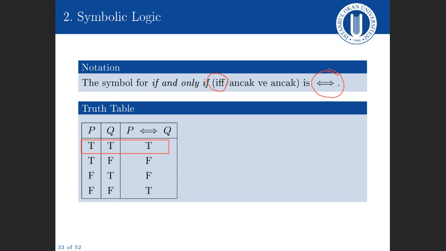So, P if and only if Q is true. Likewise, if we look at the bottom, are P and Q the same? Yes, they're both false. So, P if and only if Q must be true. If P and Q are not the same, if one is true and one is false, then P if and only if Q must be false.